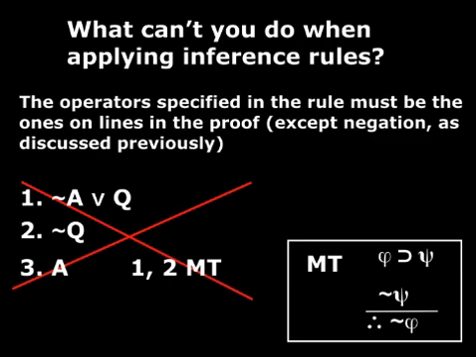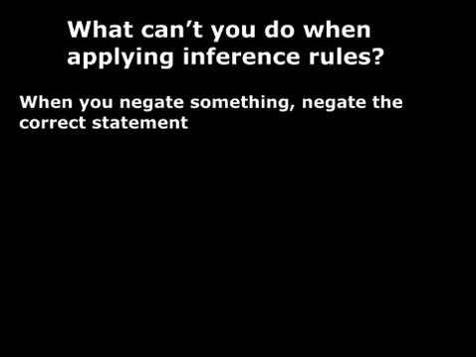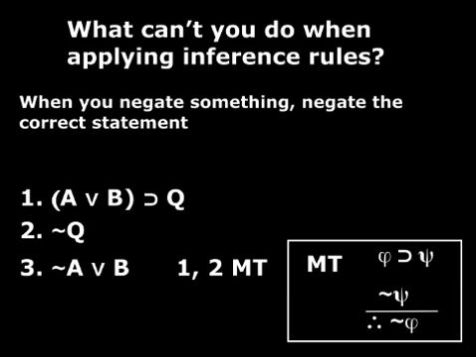What else can't you do? Well, this isn't so much what you can't do, but something you should be careful that you do correctly. When you're negating something, which you have to do a lot, you can infer the negation of the antecedent. So you have to take the antecedent and negate it on your new derived line. Make sure you're negating the correct statement. Someone might do something like this.